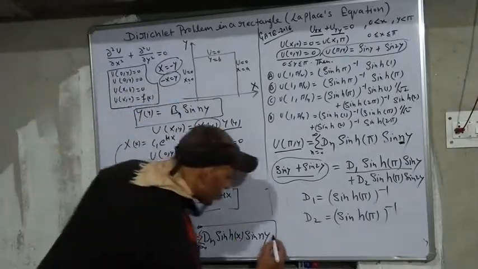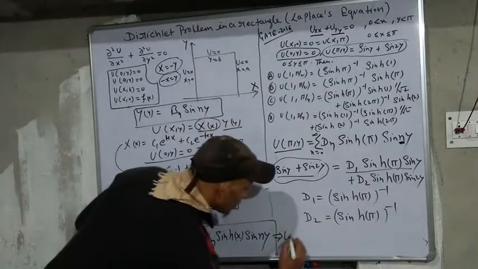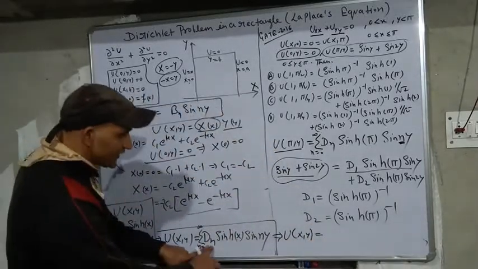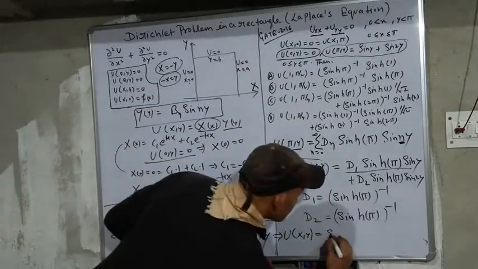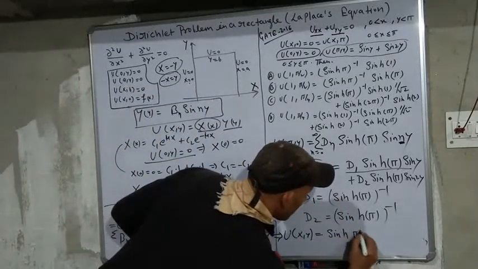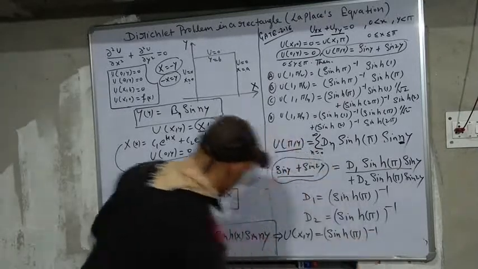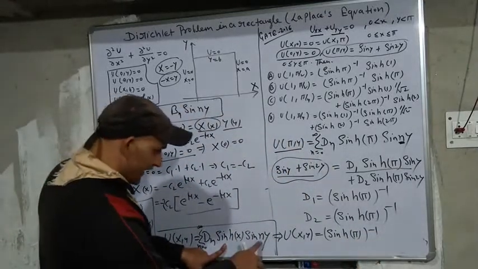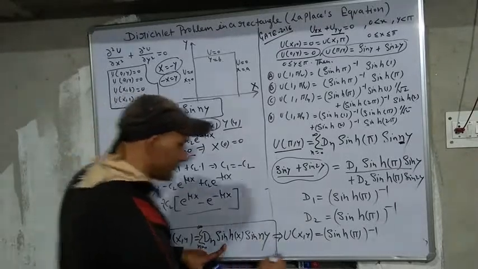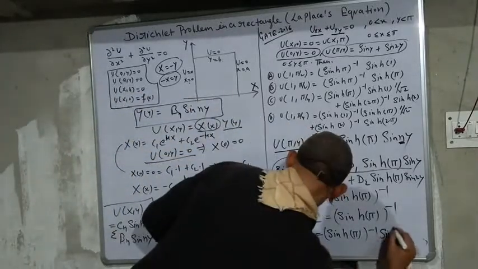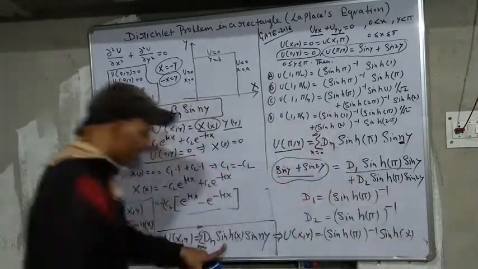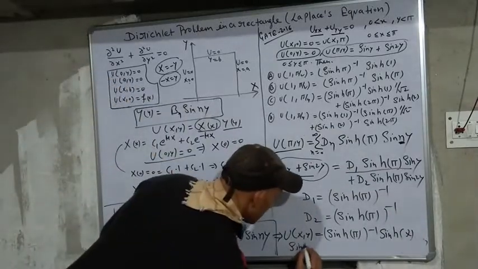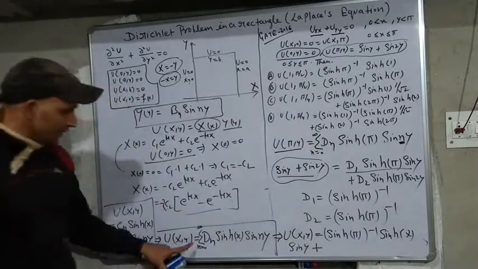So your solution u(x,y) will be d1, which is sine hyperbolic pi inverse, times sine hyperbolic x, and sine y, plus then d2.